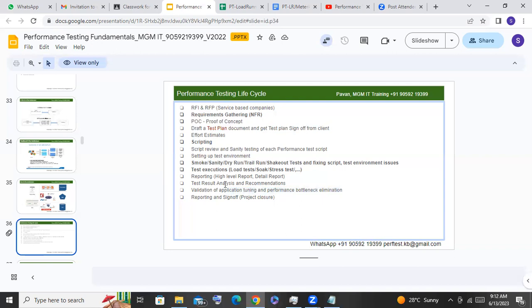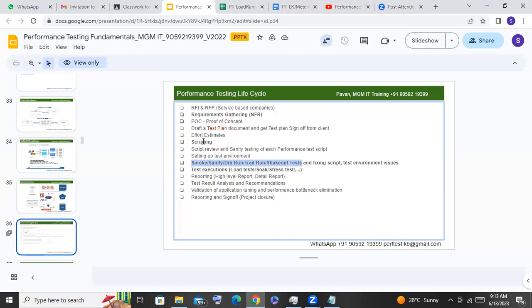Some of the new terms that we have introduced here: one is smoke test, also called sanity, dry run, trial run, shakeout test. What is this test? A dry run to check whether the scripts are working fine or not. Exactly.